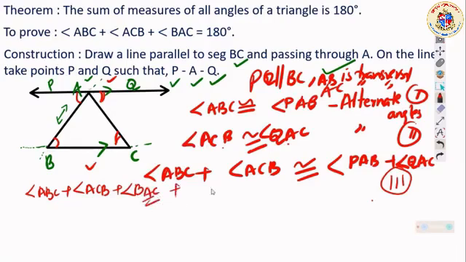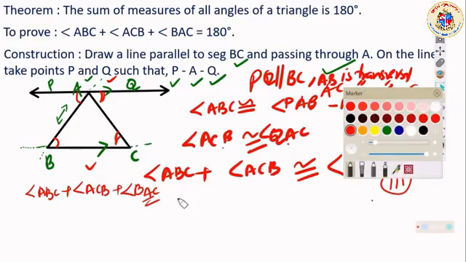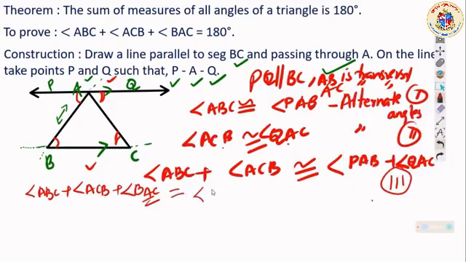So I added this. Then on the right side also you have to add the same. It is equal to angle PAB plus angle QAC plus angle BAC. I added BAC on both sides. What does it mean? PAB plus QAC plus BAC.